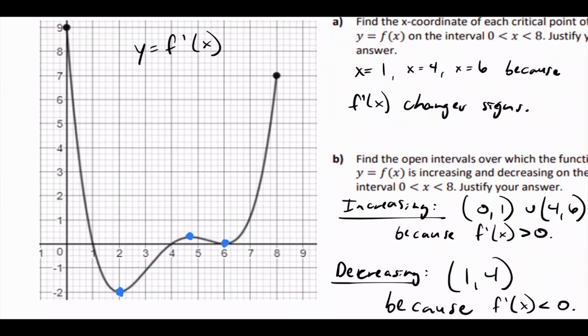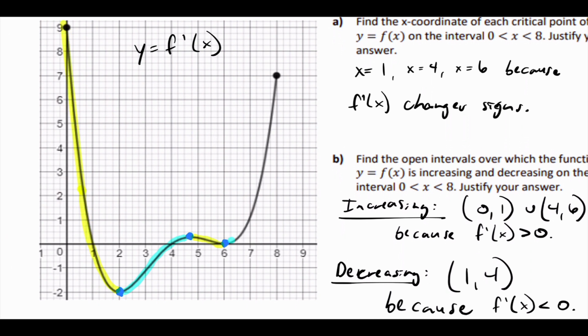Okay, so this guy we said was decreasing, right? Negative slope. Second derivative is going to be negative. Then it becomes positive. Then it goes back to negative.